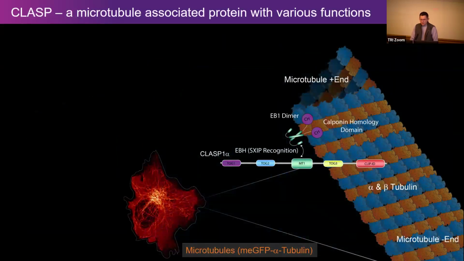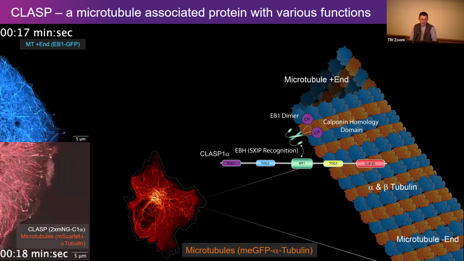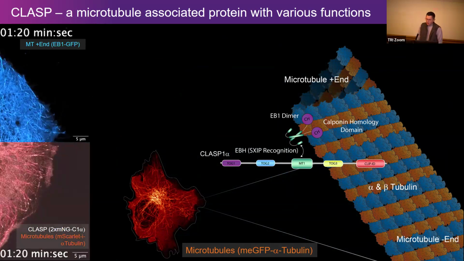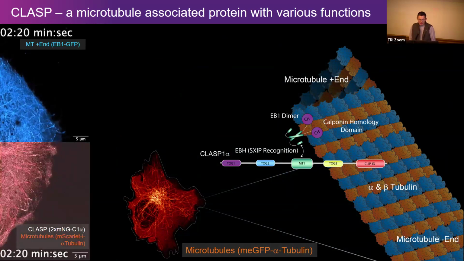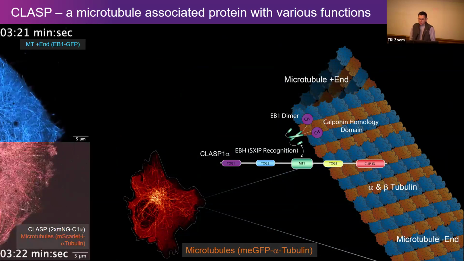And this is where this family of proteins called microtubule-associated proteins comes in. This family of proteins is responsible for mechanically tuning the stability of microtubules to confer very different dynamic biological processes. So CLASP, the protein that we're interested in, is a microtubule plus end, or plus tip, protein.